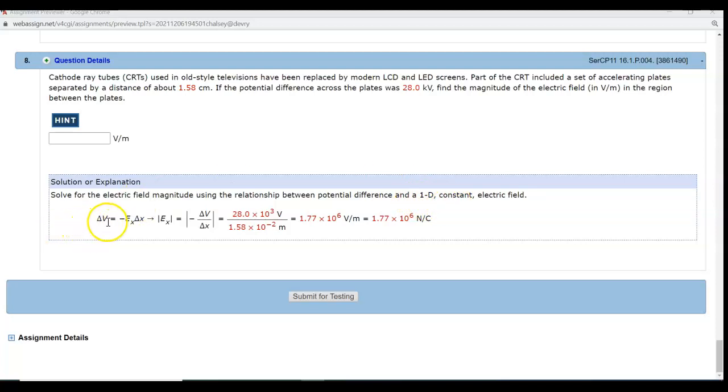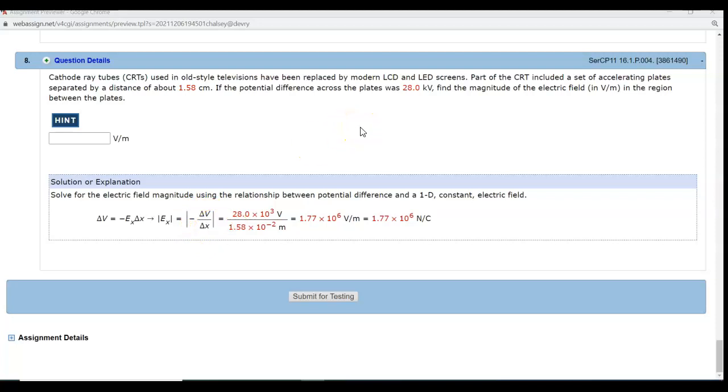Okay, so the change in voltage is equal to the negative of the electric field times the change in distance. So to solve for the electric field, we take the change in voltage divided by the distance.